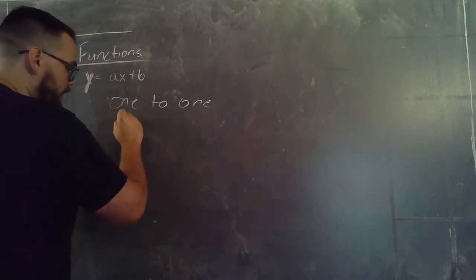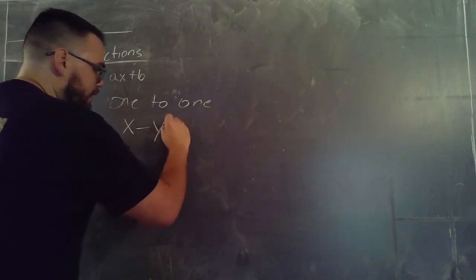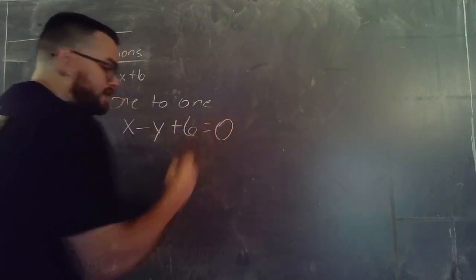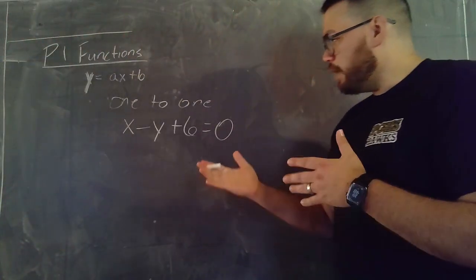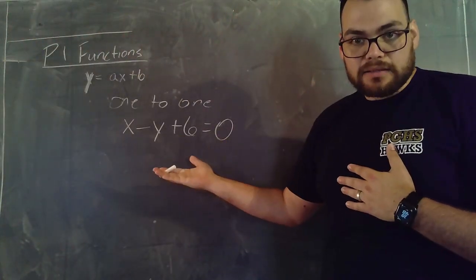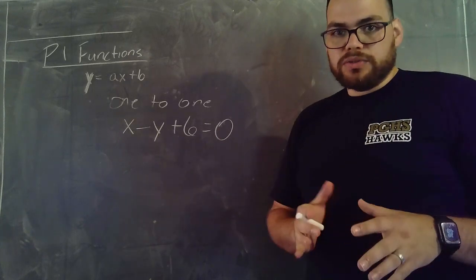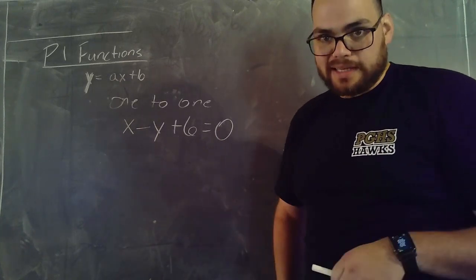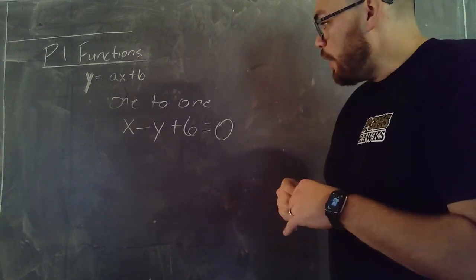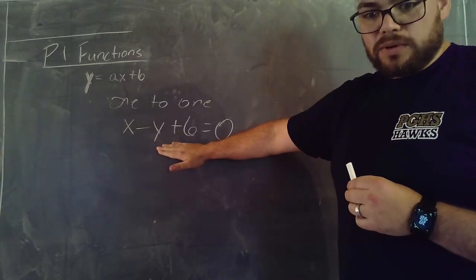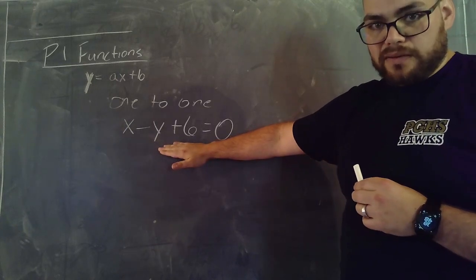So we're gonna have like x minus y plus 6 is equal to 0. This particular format is one where this is implicitly stated. Now, most of the time we're used to seeing something explicitly stated, okay, where we have the f of x and all that stuff. That is very easily derived from this format right here.